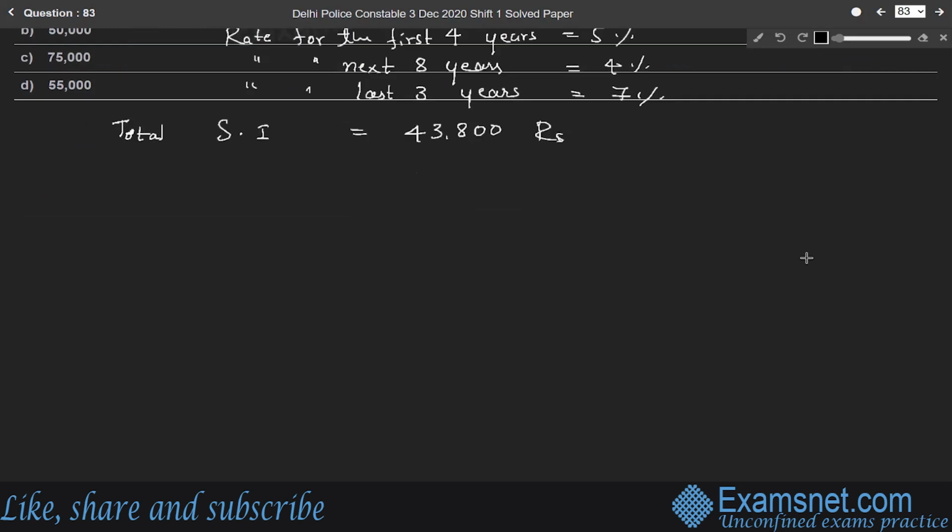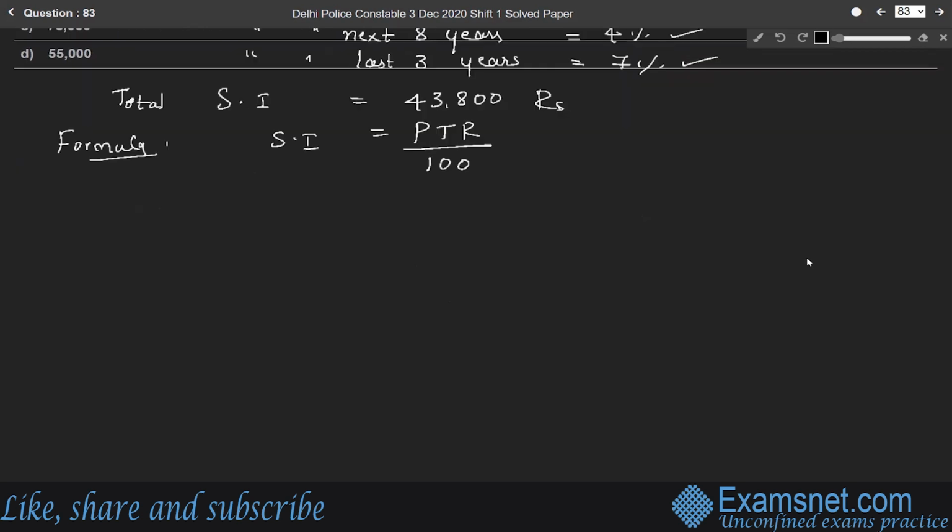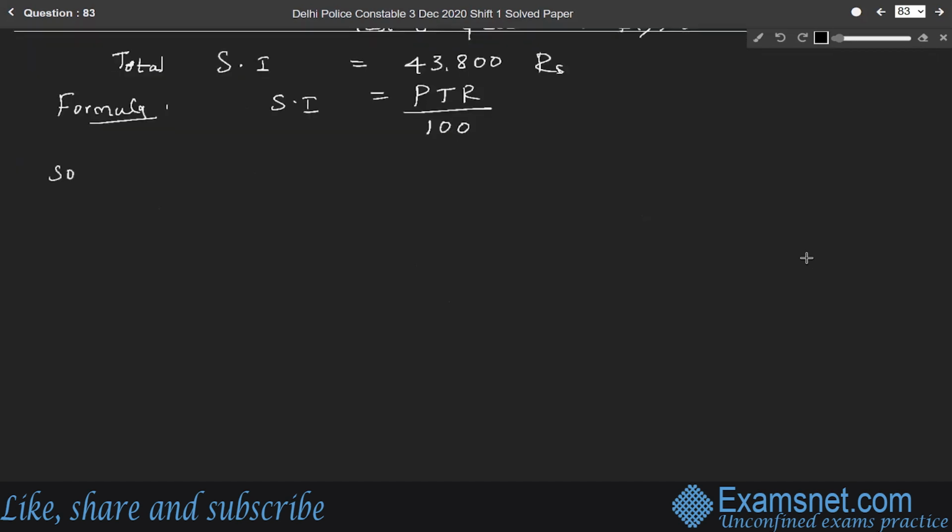So here we have to calculate the sum or principal. For that we are directly using the formula of simple interest. So simple interest is equal to PTR by 100. P is the sum, T is time, and R is rate of interest. Since there are 3 cases, that means simple interest is paid for 4 years, 8 years, and 3 years, with different rates in each case, right? Therefore, solution.